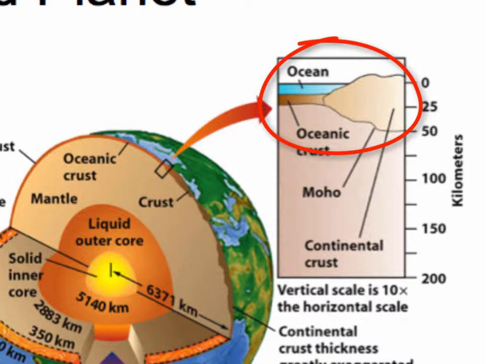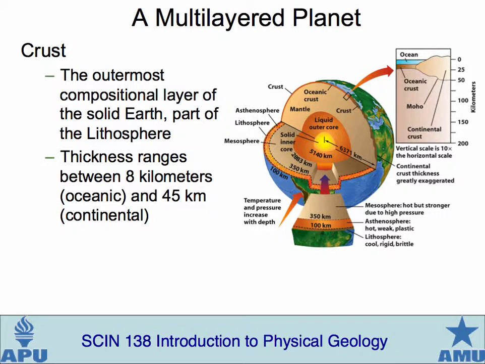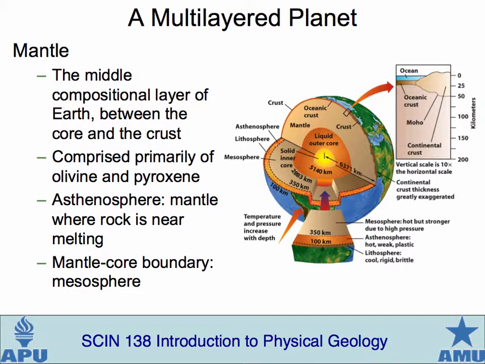The lithospheric part of the oceanic crust floats lower in the asthenosphere than the continental crust. The continental crust, on the other hand, is a bit thicker, about 45 kilometers, but it's less dense, so it floats a little bit higher. So as we're talking about plate tectonic activity, that explains why the oceanic crust usually ends up going underneath of the continental crust whenever there is a collision.